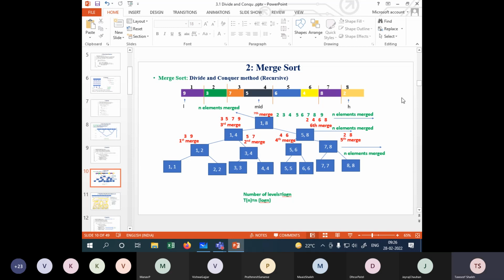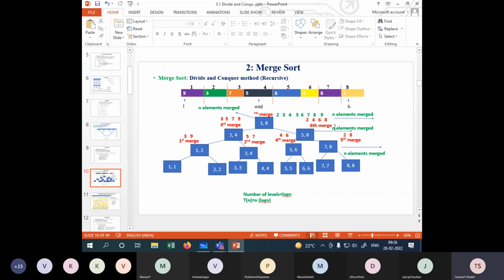So if we again look at this tree, this is known as tracing. So we are doing the tracing of this algorithm. We see the actual merging starts from this level, because till now we were dividing, then we evaluated these two, and the first merge started at this level, this level, this level. So how many elements did we merge? n, because total elements were 8.